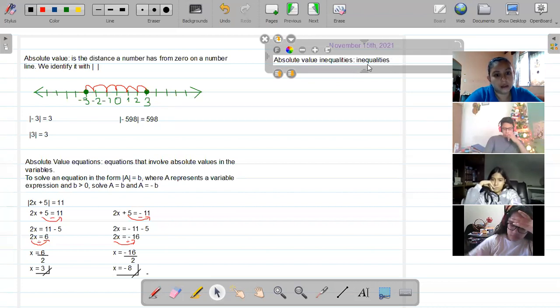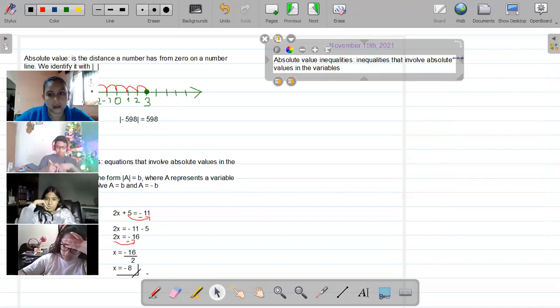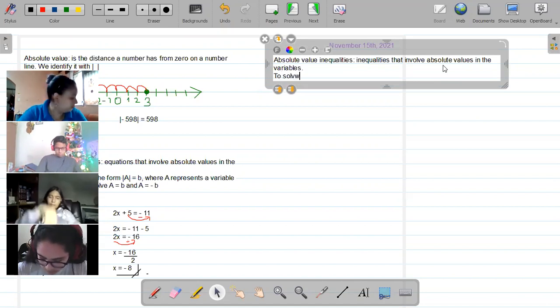Inequalities that involve absolute values in the variables. It could be only the variable that has an absolute value, or it could also be an expression like the exercise that we just did, okay? But also, just like in the equations, we have some rules to solve an inequality.